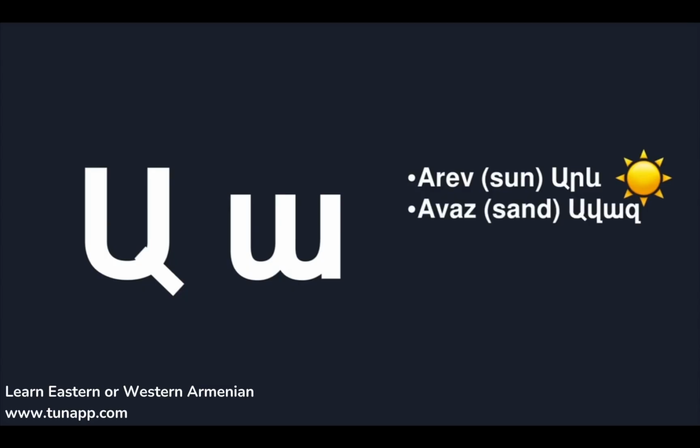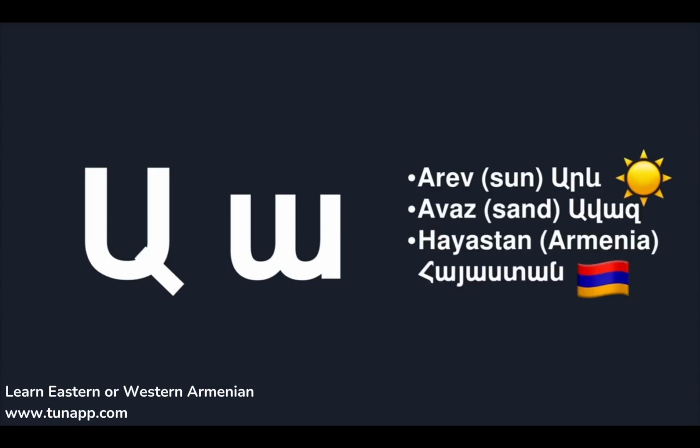Okay, if you're ready, let's dive in. The first letter of the Armenian alphabet that we'll learn today is A. A is used in the word arev, or sun, avaz, or sand, and also in Hayastan. Have a look at the shape of the lowercase letter A. It looks like an upside-down M in English.